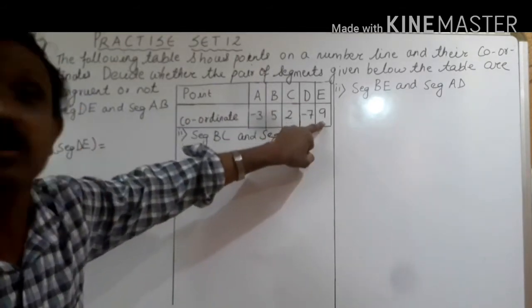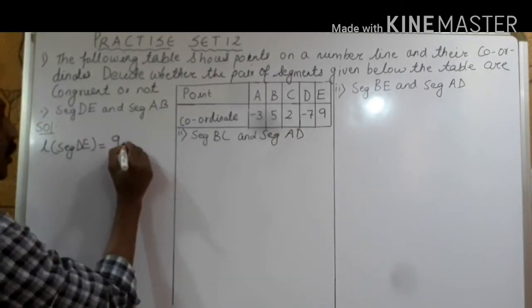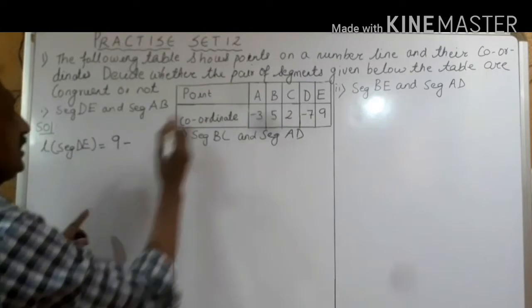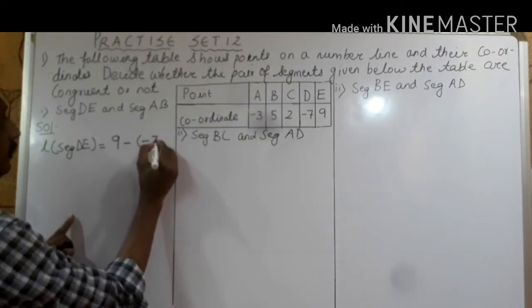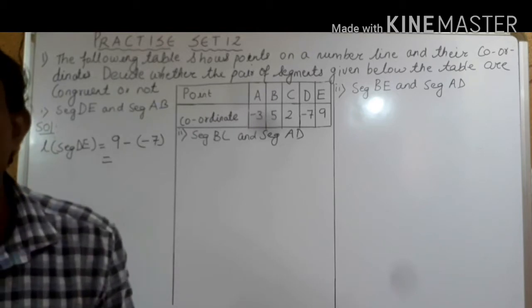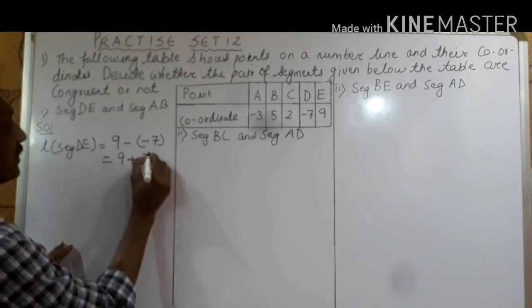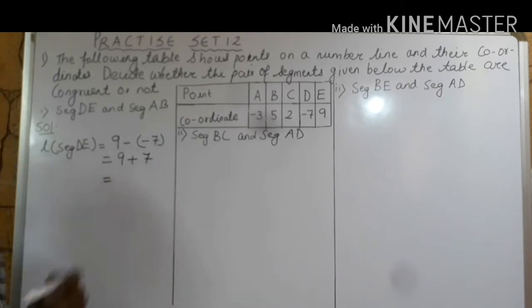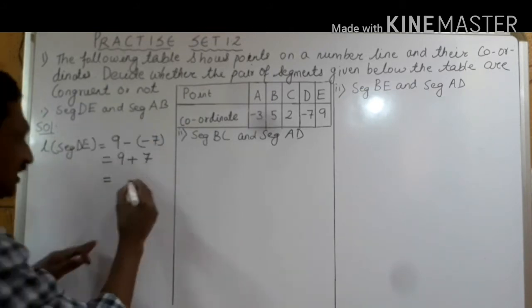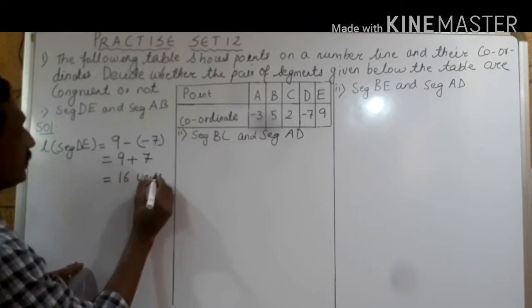Which is the biggest over here? 9 minus of minus 7, which is equal to, minus into minus gives me plus. 9 plus 7 is equal to 16. So we write here 16 units.